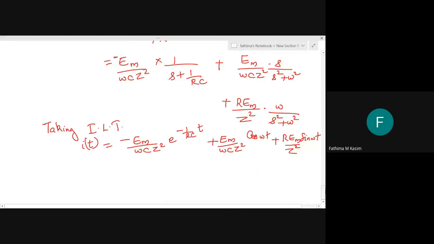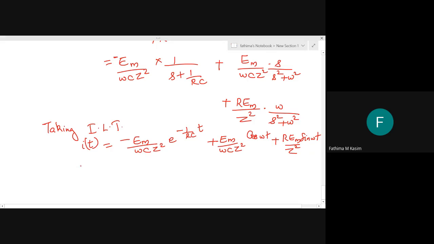Okay, so we have taken the inverse Laplace transform. I of t is equal to minus Em by omega C Z square into e raised to minus t by RC, plus Em by omega C Z square into the inverse Laplace transform of this, which is cos omega t, and this is sin omega t. So we have written all those things.